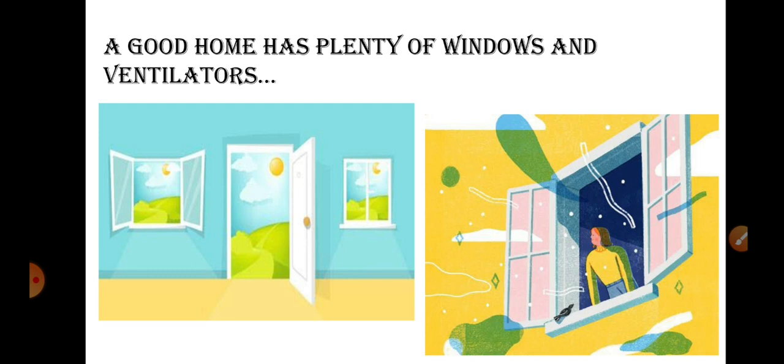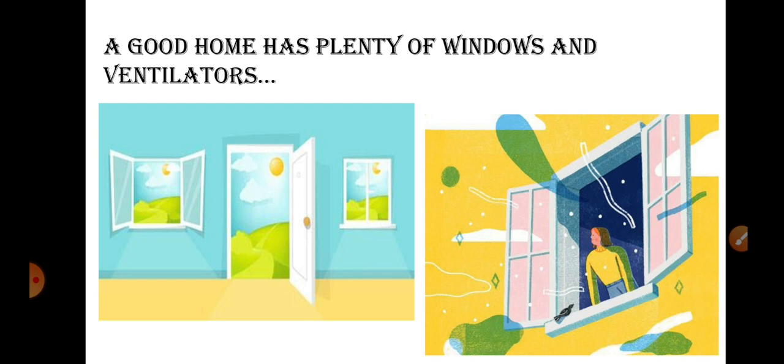And what does the sunlight do? The sunlight keeps the air fresh and clean by killing all the germs that are present in it. And even sunlight is healthy for you because it gives you vitamin D, right? So ventilators play a very important role.